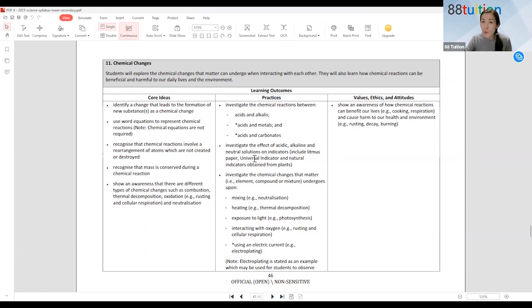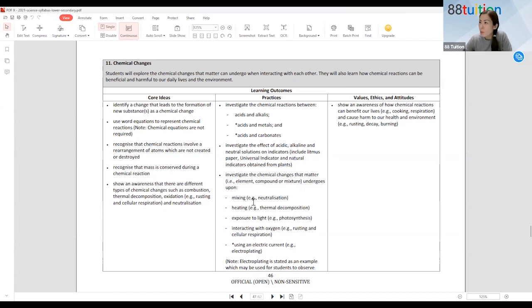You must know universal indicator; there's a color chart for you to refer to. We can also make natural indicators, red cabbage or purple cabbage, and even berries are good indicators because they change color under different pH.